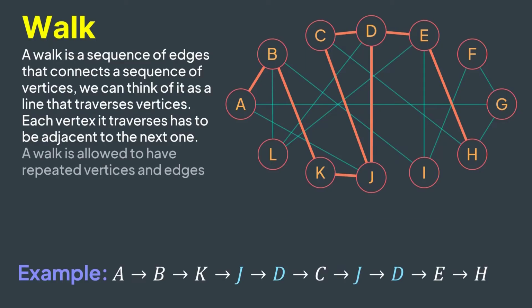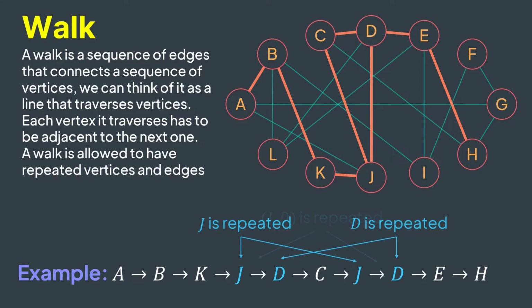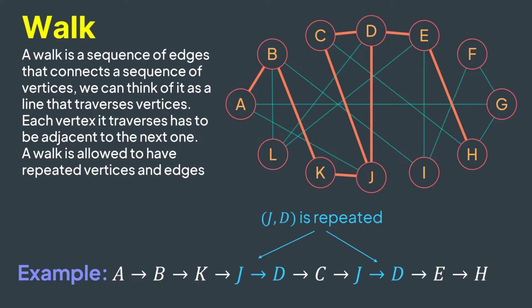And the walk can have repeated vertices and or repeated edges. For example, in this walk we have repeated vertices J and D, and a repeated edge, the one between J and D. By repeated vertex, we mean a vertex that we pass from more than once. And same logic for edge. A repeated edge is an edge that we pass from more than once.